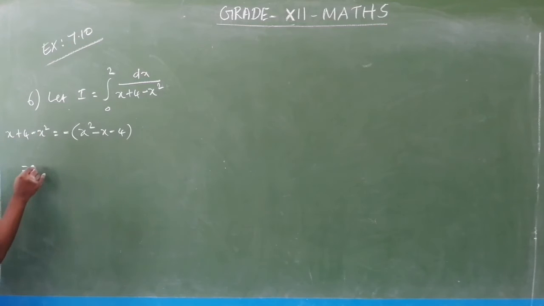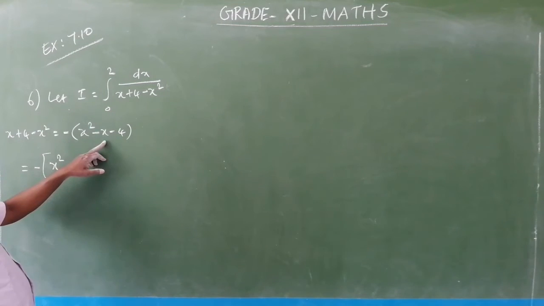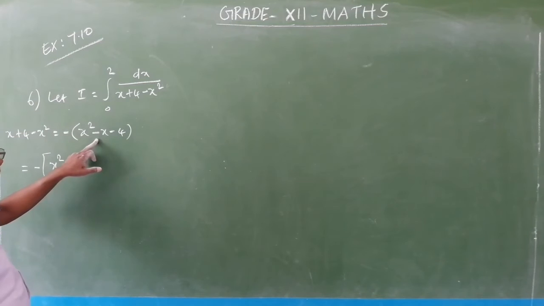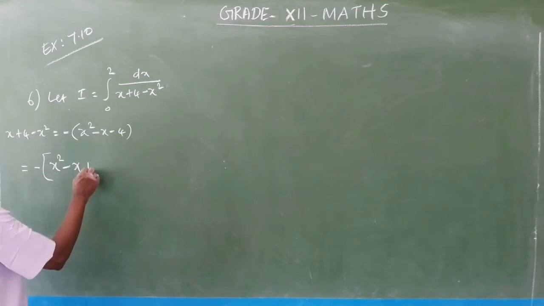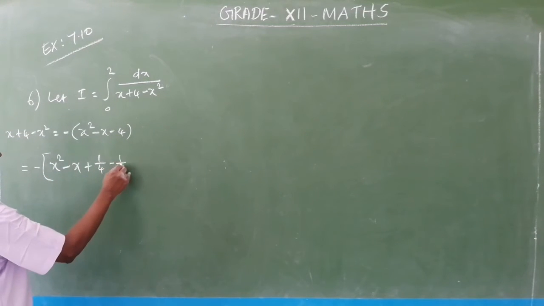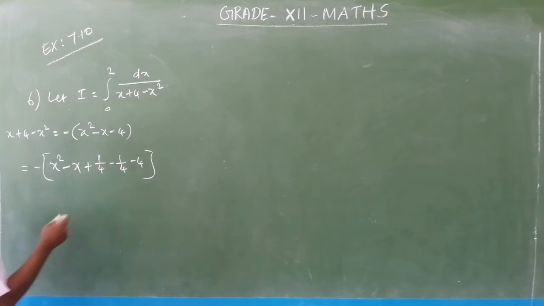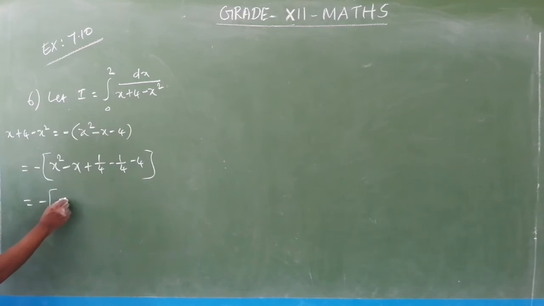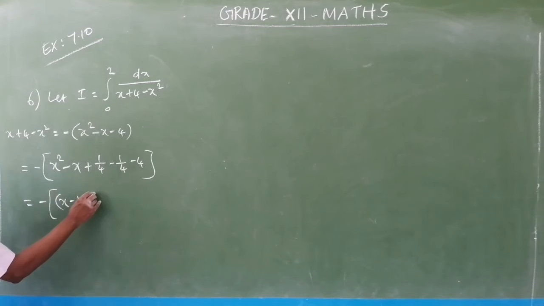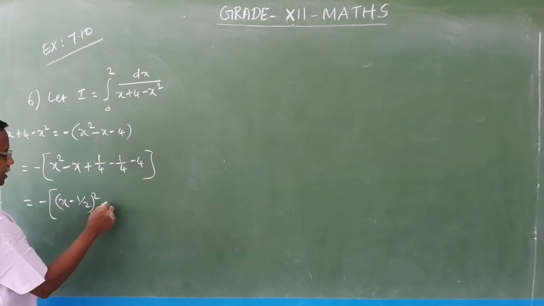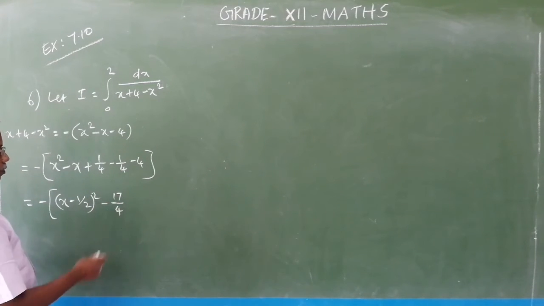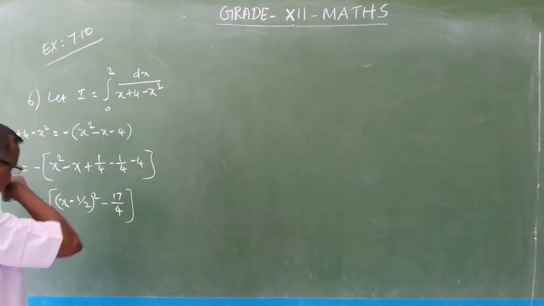This can be written as minus 4 into x square minus x. By the completing the square method, the coefficient of x is 1, half of it is 1 by 2, squaring that plus 1 by 4 minus 1 by 4 minus 4, that is equal to minus of x minus 1 by 2 the whole square and minus 17 by 4.